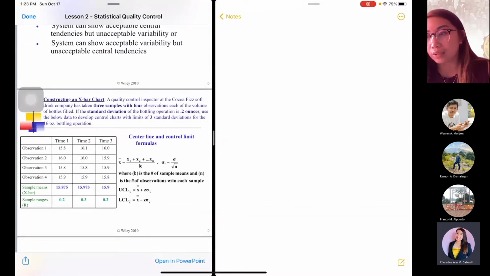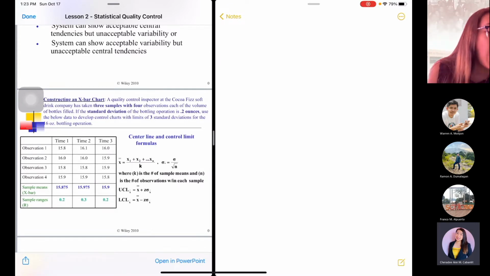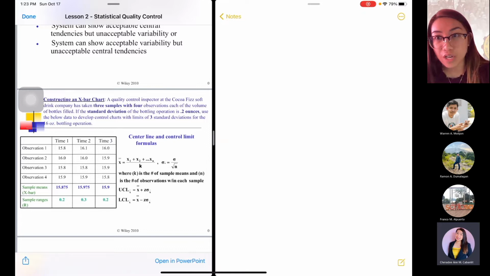The quality control inspector at Coco Fizz Soft Drink Company has taken 3 samples with 4 observations. So this is now your concern, no? Which one is a sample and which one is just an observation. So our main concern here, guys, is to really find the observation, because that is what we're gonna use in looking into the table.